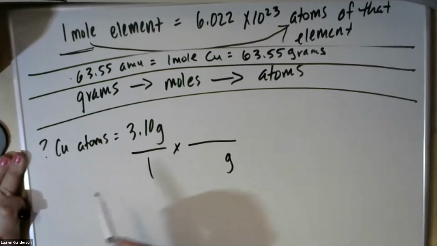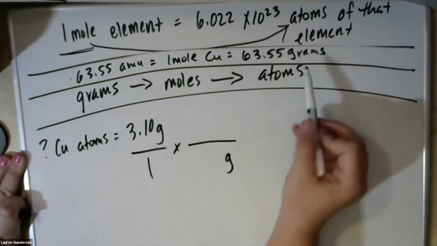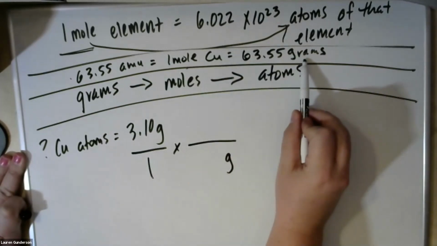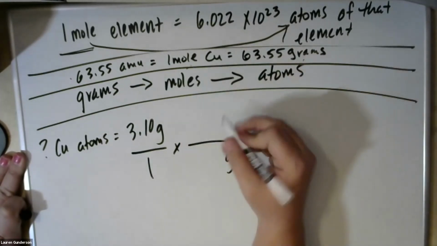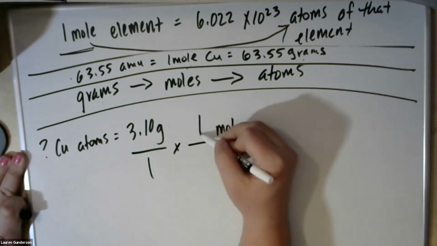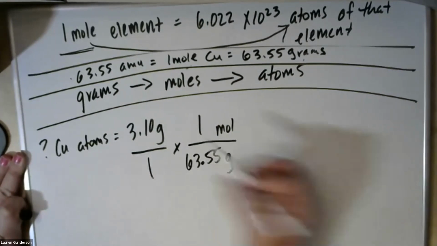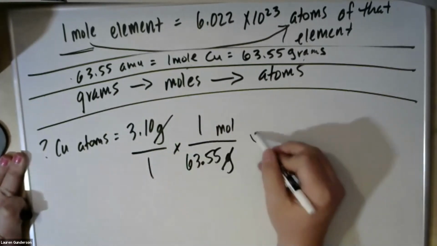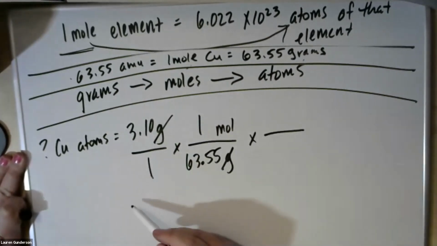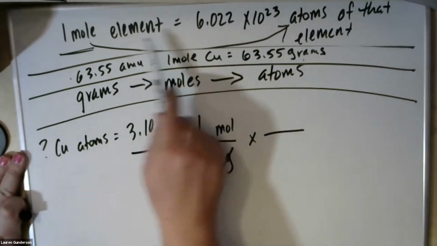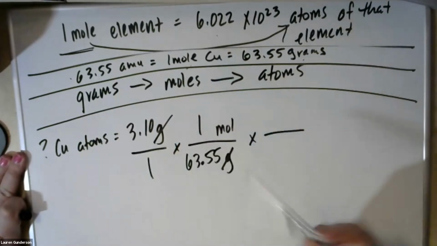I'll look at my molar mass conversion, where I can take grams and turn it into moles. In every 1 mole, there's 63.55 grams. Now that I have the information in terms of moles, I can go up to Avogadro's number, which tells me that every 1 mole has this many atoms.